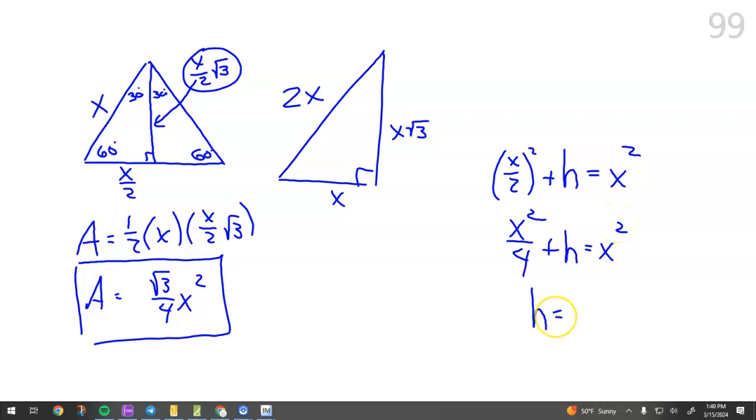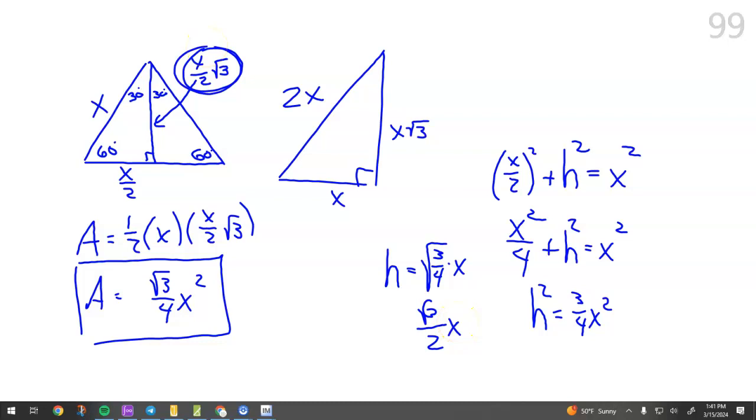So h squared equals 3/4 x squared, because I would subtract 1/4 of those. So then h is the square root of 3/4 times x, which is the square root of 3 over 2 times x, which is what we got.